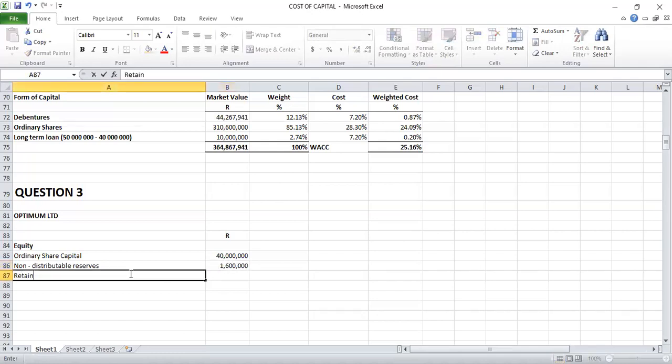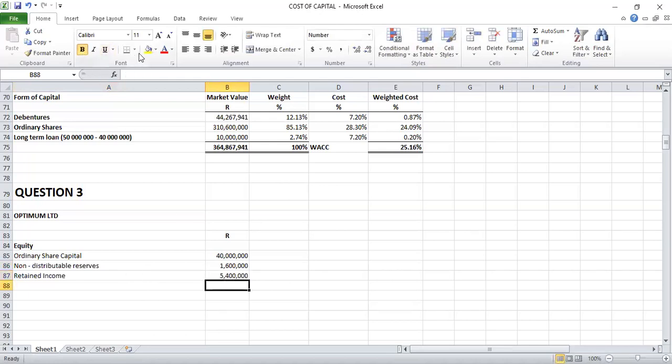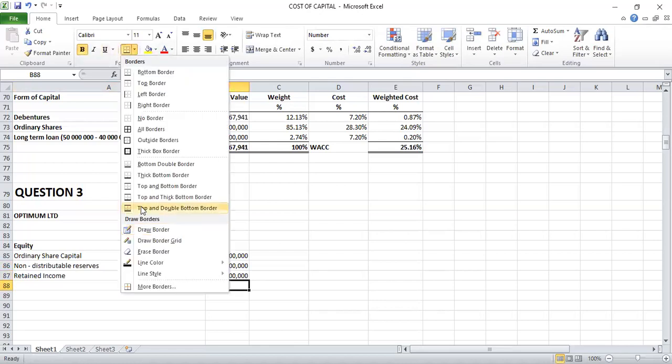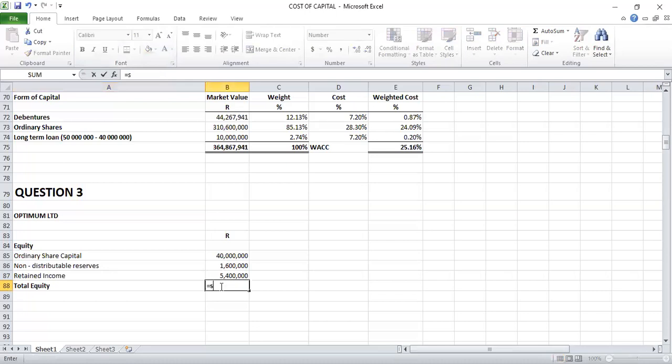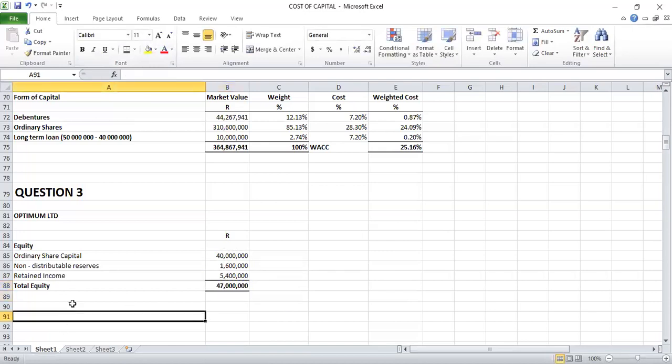Retained income, million. Then we add to get our total equity. Then we'll move on to debt.